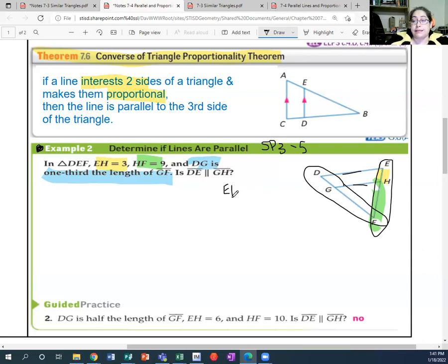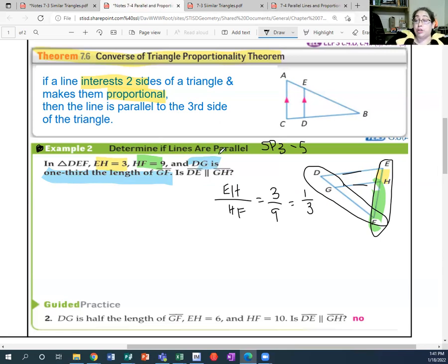So I'm going to write line EH and line HF as a fraction. Again, it doesn't matter which way you write these fractions, just write them. Okay, EH is 3, HF is 9. If I reduce that down to simplest terms, I'm going to get a fraction of 1/3.